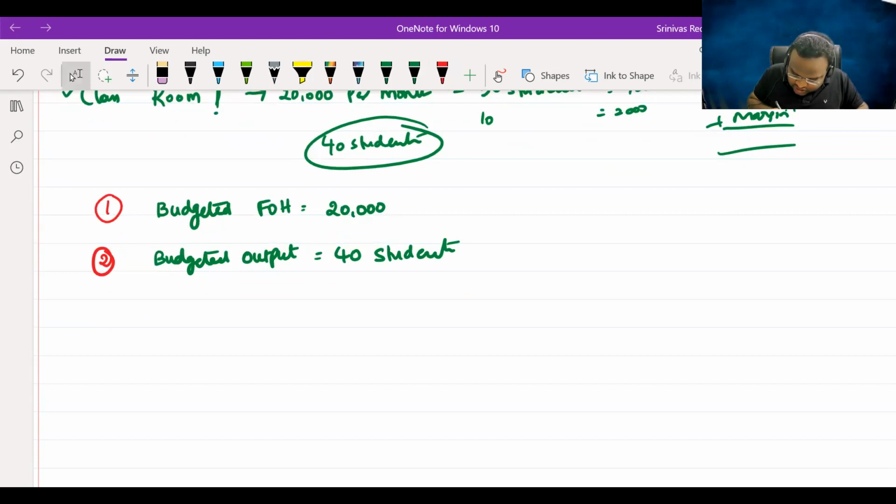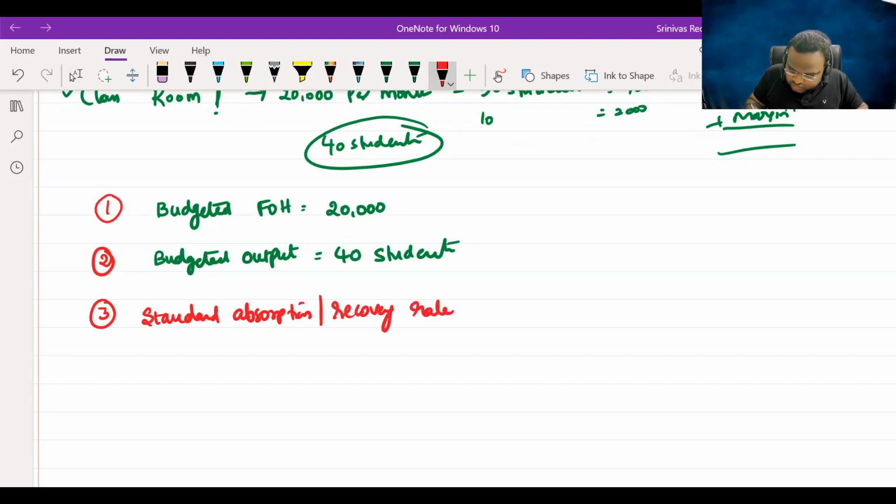That is what we call the standard recovery rate or standard absorption rate. That is 20,000 divided by 40 students. How much? 500. This third point is to be remembered: standard absorption rate or recovery rate. How much I should recover from each student?